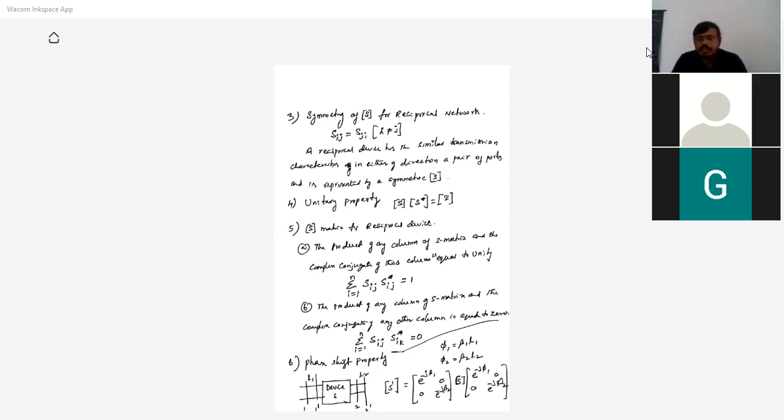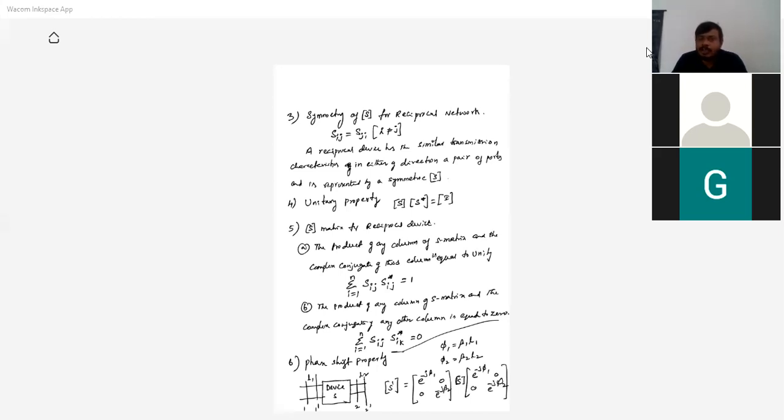So here are the properties of the S matrix. The first property: the S matrix is a square matrix. It is an n by n matrix, where n is the number of ports of a particular microwave component. The second one is zero diagonal elements for a perfectly matched network.